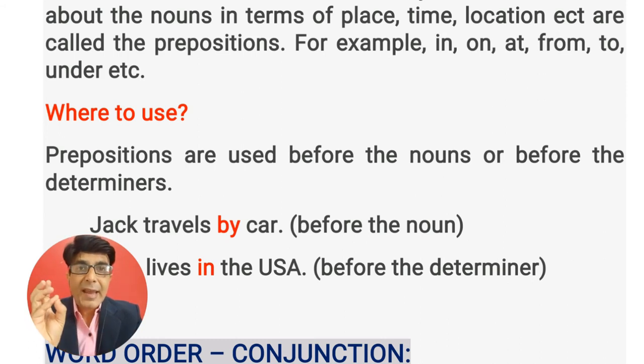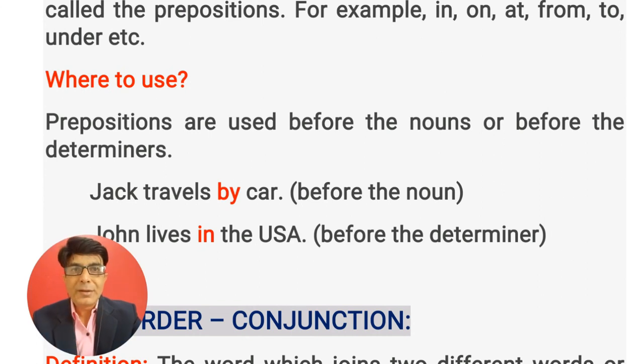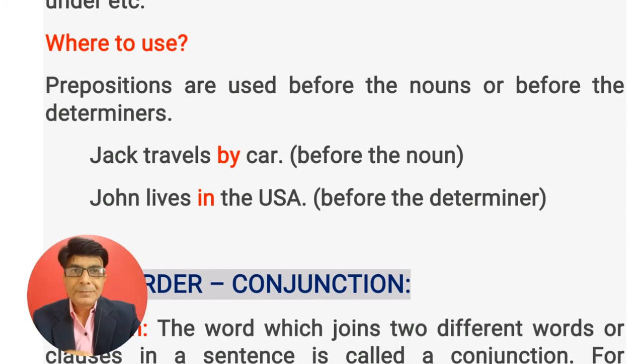Determiners means a, an, the, articles, right? Take these examples. Jack travels by car. Here the noun is car and the preposition is by. So the word by is used before the noun. In the same manner, John lives in the USA.